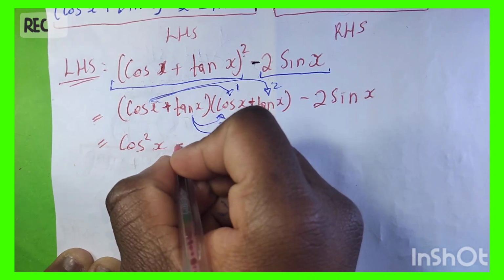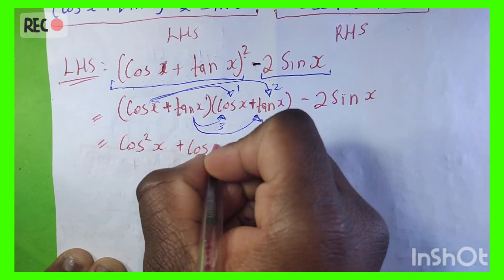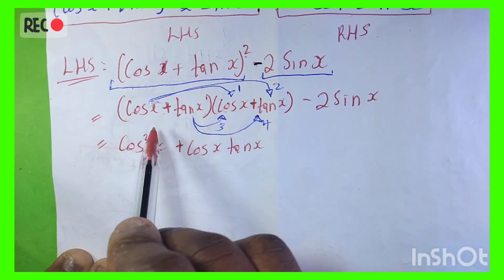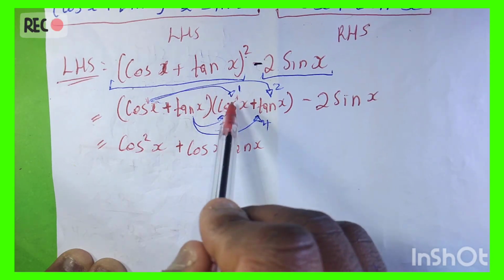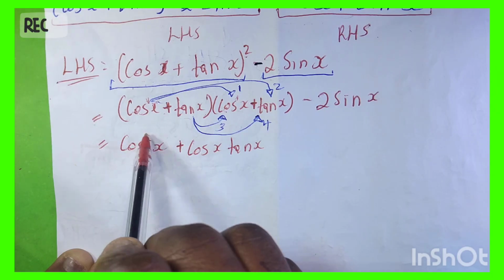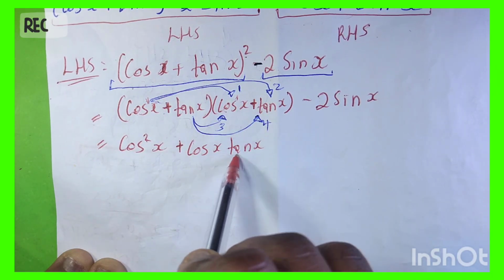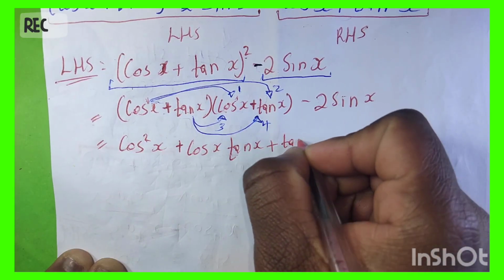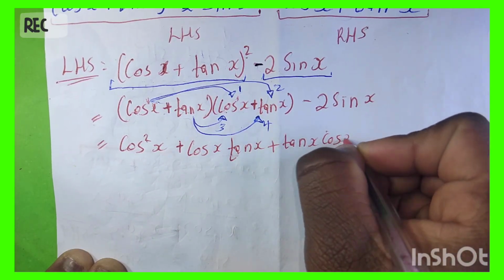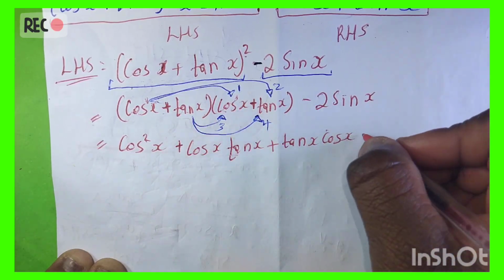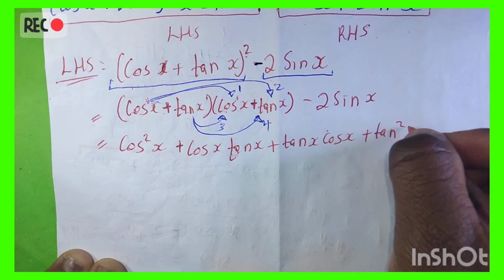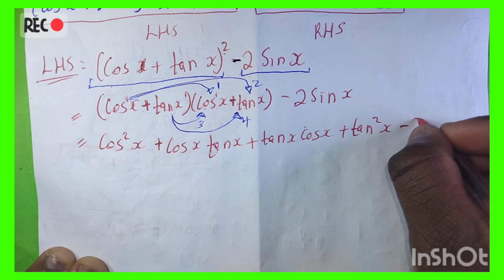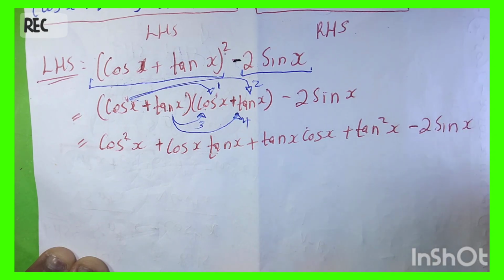When we multiply different bases, we keep them the way they are. But when we multiply the same base, we just add their exponents. We add those invisible ones, they give us 2. Then the tan squared, we add the exponent, which is 2 there. And this, I keep the way it is, because I won't affect it.